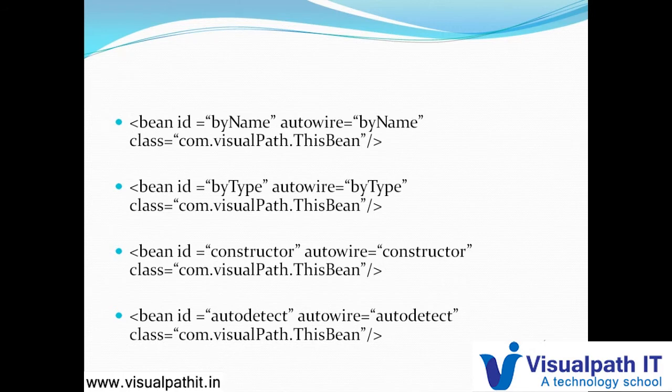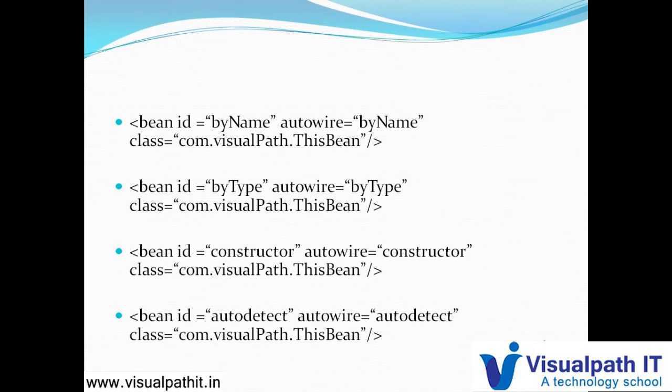byType is used to autowire a bean where there is exactly one bean of the property type. If more than one bean matches, then an exception will be thrown. If there is no bean that matches, then the property will not be set.